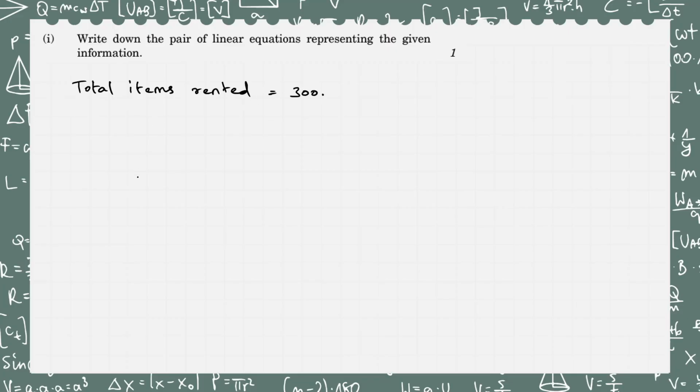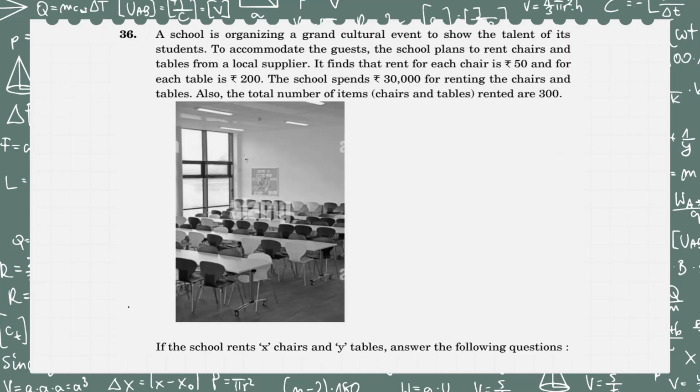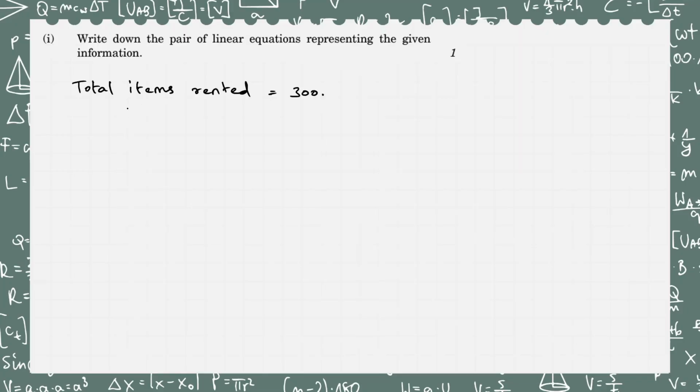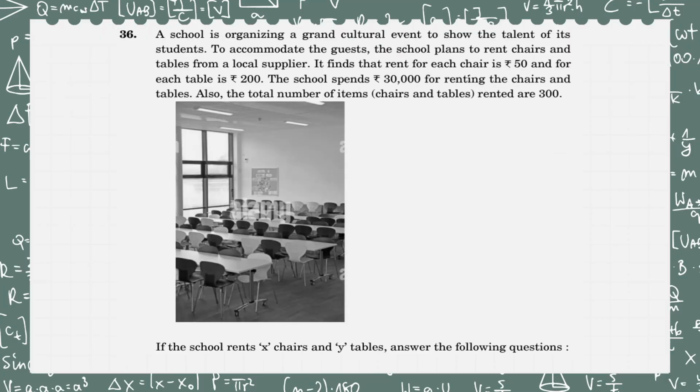So they already have told us that X chairs and Y tables are rented, okay? So they themselves have decided the variables there. So that implies X plus Y equal to 300. That's our first equation.